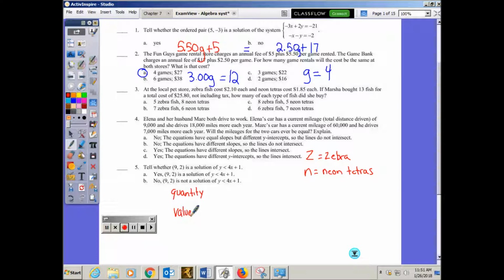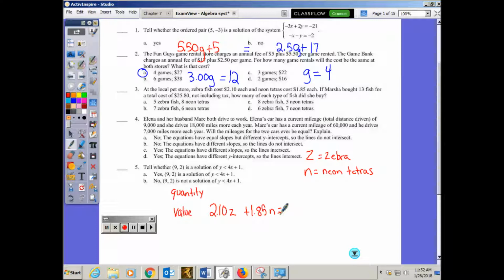So a zebra fish costs how much? Okay, so for value, $2.10 for every zebrafish she buys, correct? And then how much does a neon tetra cost? So $1.85 for each neon tetra.